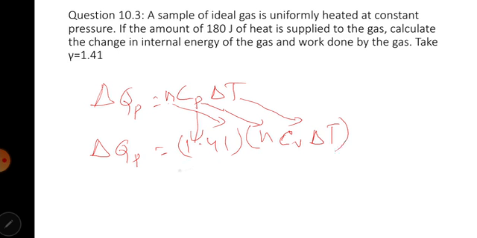Now for an isochoric process, del W will be equal to 0.